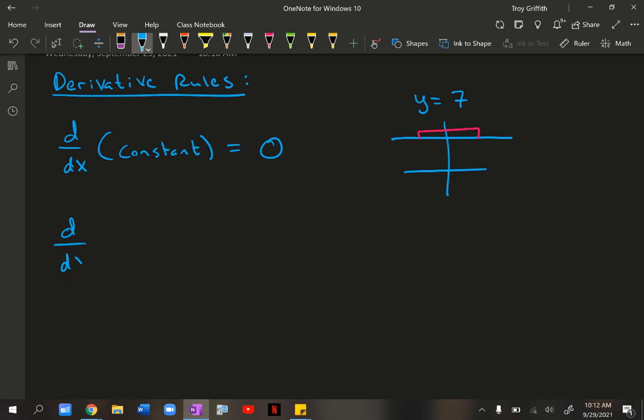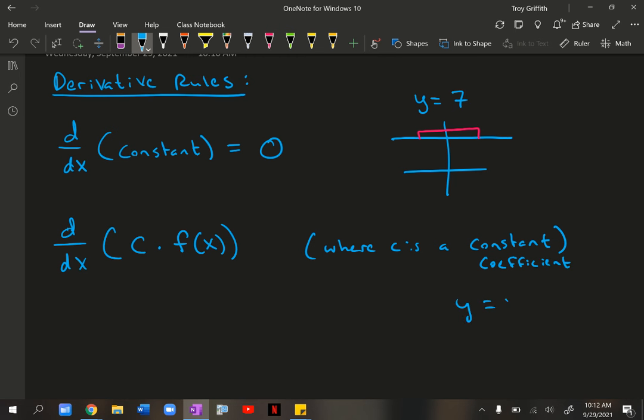Second derivative rule is this. If I take the derivative of c times some function f of x, and I'll put a little caveat here where c is a constant, or we'll say constant coefficient. For example, if I had y equals 7 times x, this number right here is what I'm talking about.